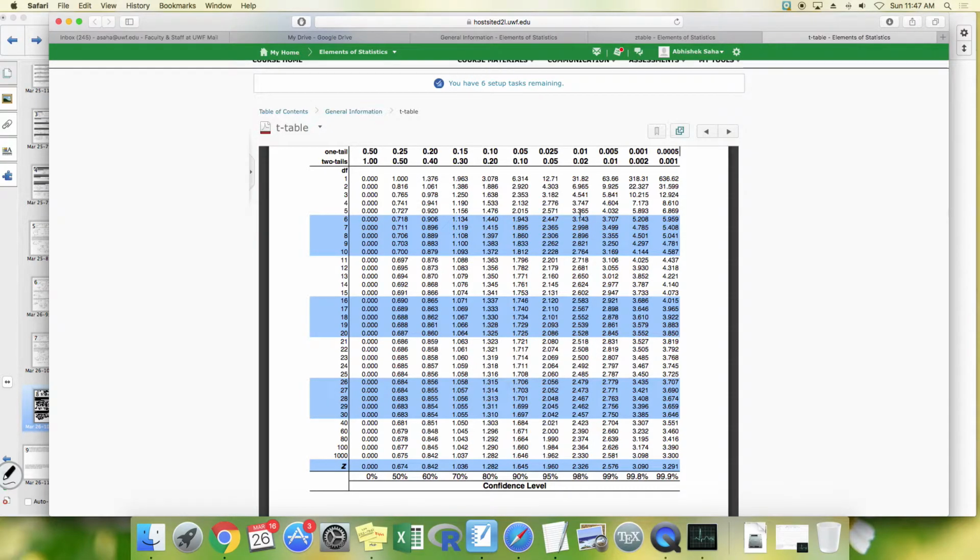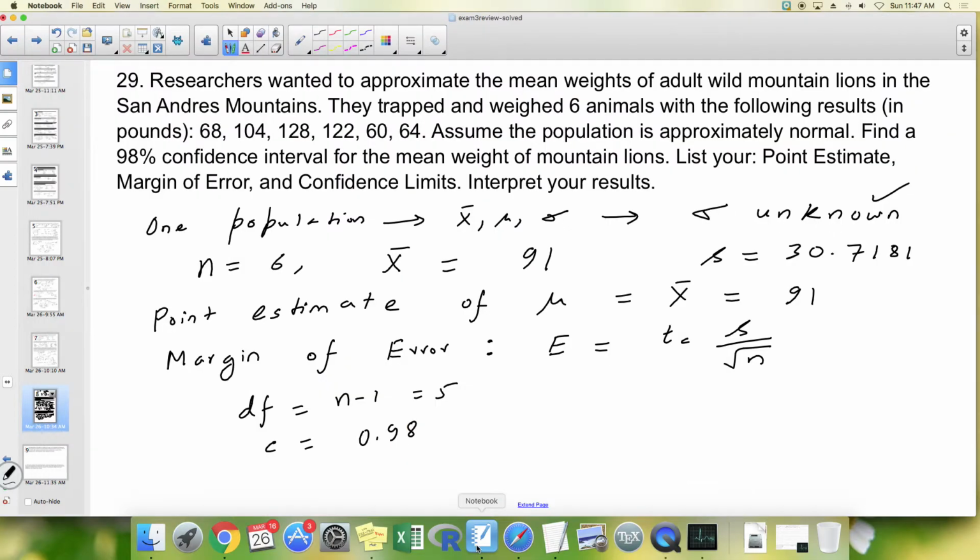So this is the column and this is the row, and my number is 3.365. So I have Tc, I have s, I have n. So I can calculate this as 42.1992.